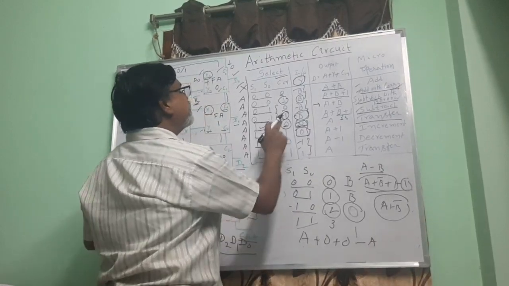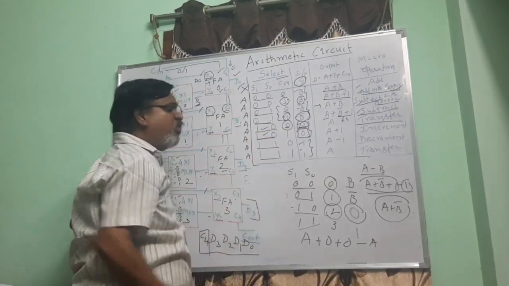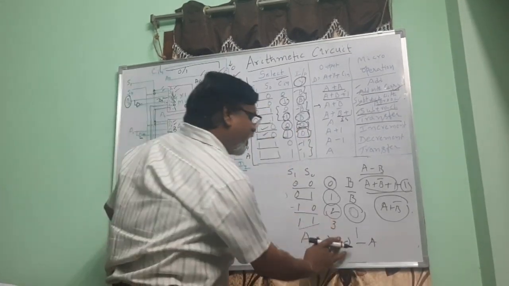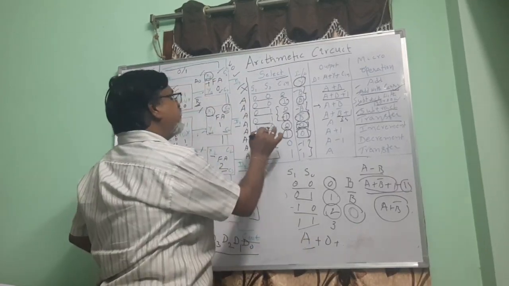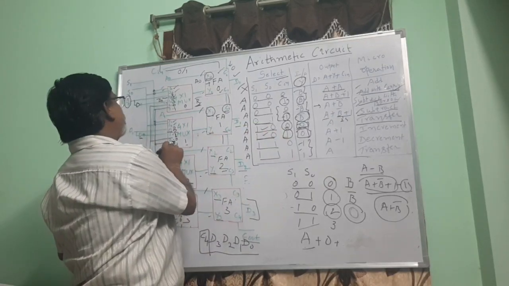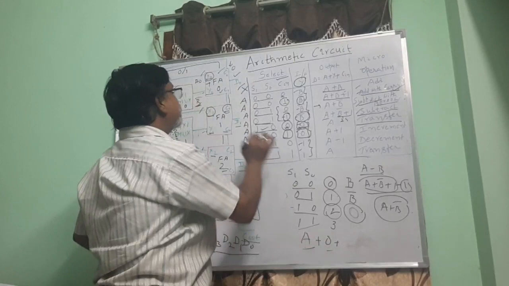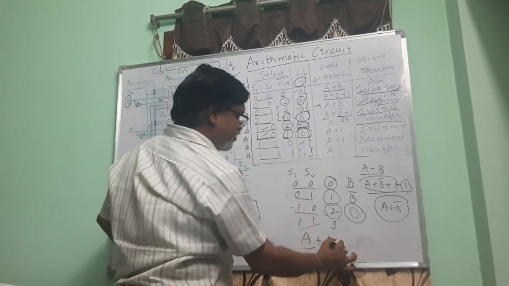Now S1 and S0 are the same, 1, 0, but here Cin becomes 1. So at 1, 0 the Y will be 0 plus the Cin, which is 1. So plus 1.